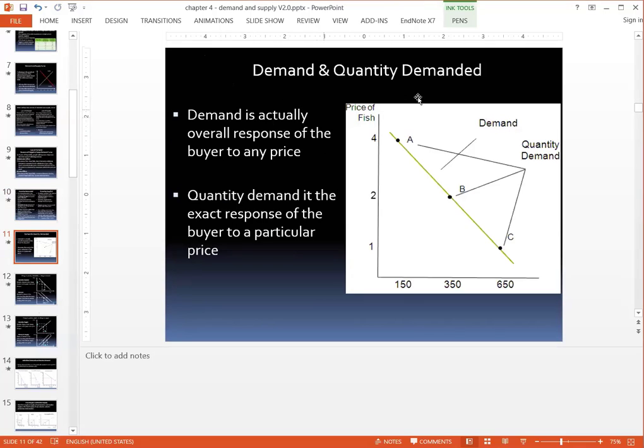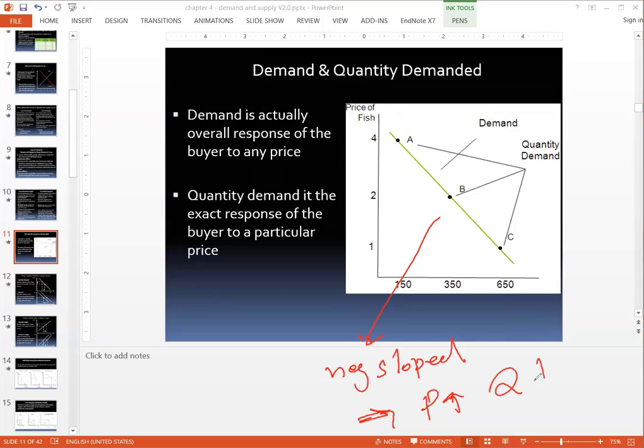So here we've differentiated between demand and quantity demanded. We have already discussed this. The line is the demand. This is an overall behavior. How is it an overall behavior? The line is negatively sloped. So it is telling us that whenever there is an increase in price, there is a decrease in quantity. While observing the line, we can say this. But when we look at the dot, what is it telling us?